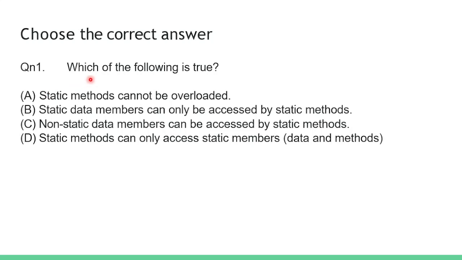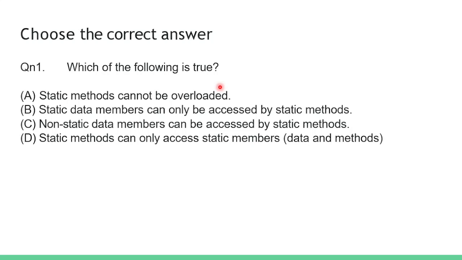So we have a question here. Which one of the following is true? Static methods can be overloaded. Data members can only be accessed by static methods. Non-static data members can be accessed by static methods. The D option is static methods can only access static members.